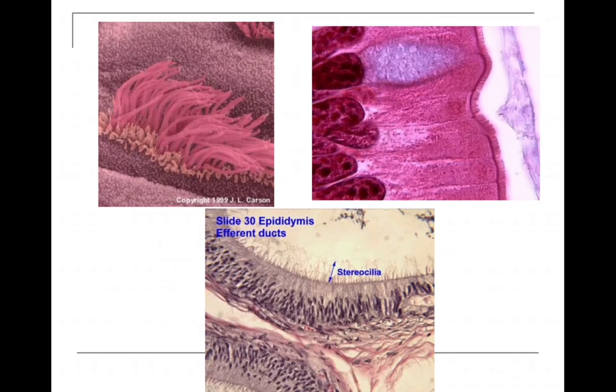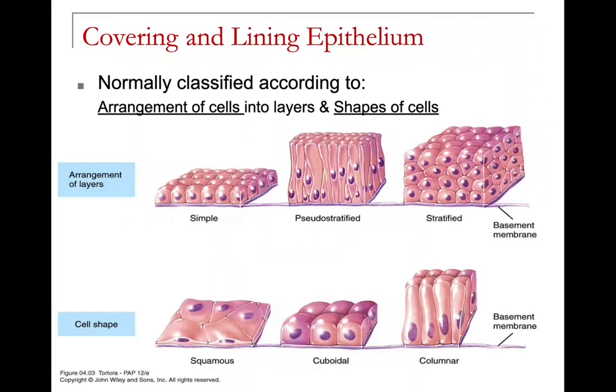So here are some examples of different types of epithelial tissue. Here you can see some stereocilia on these. When we classify these, they're classified by the arrangement of the cells into layers and then the shapes of the cells.